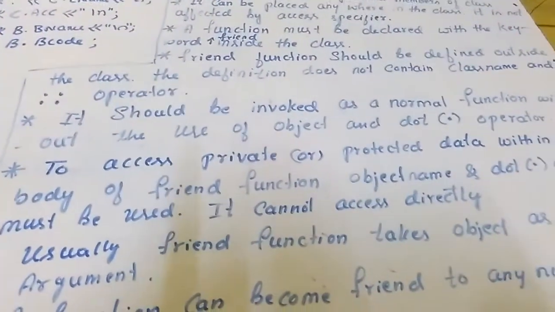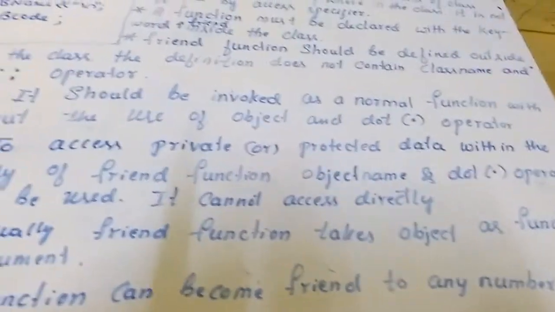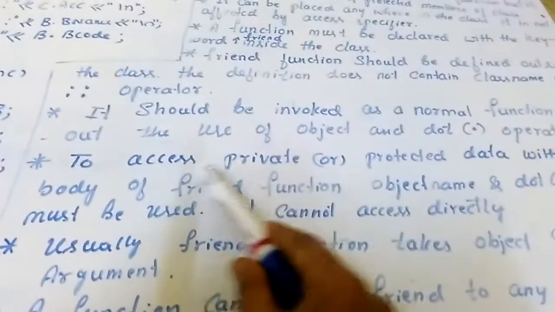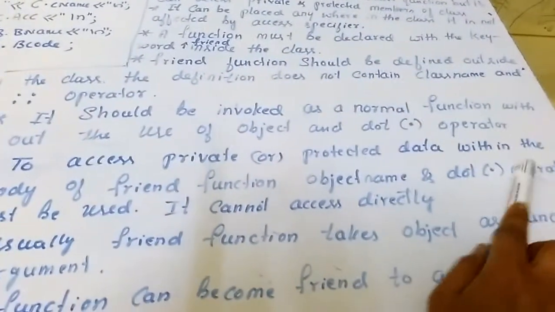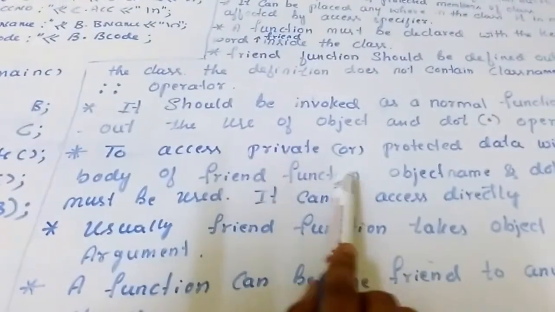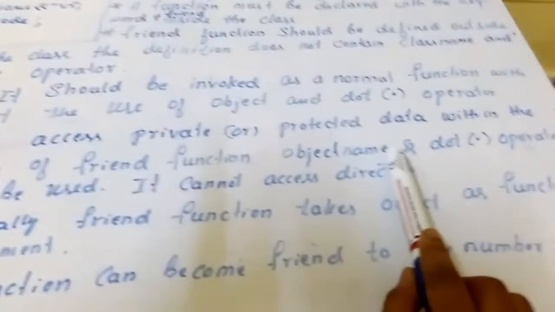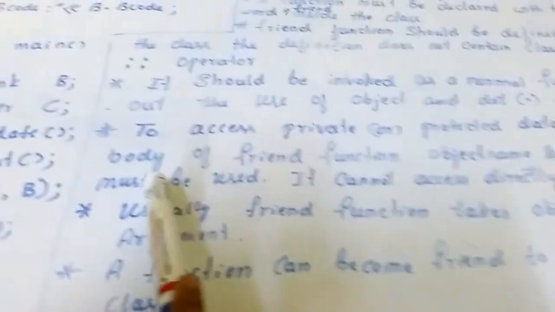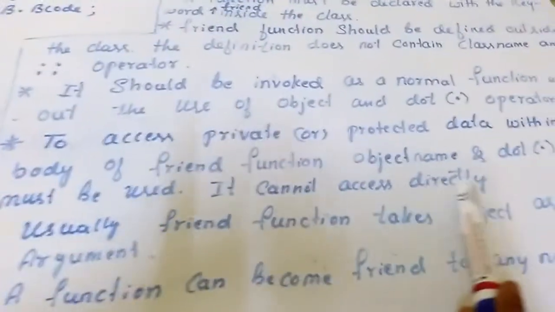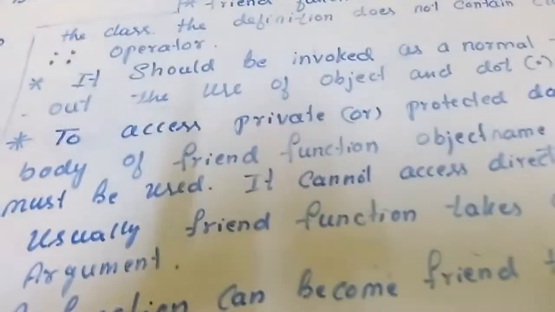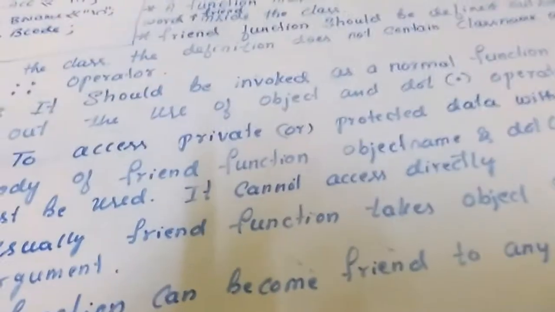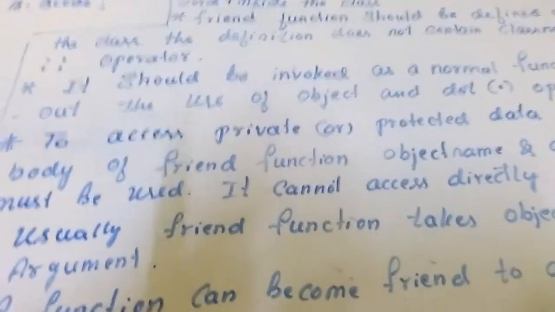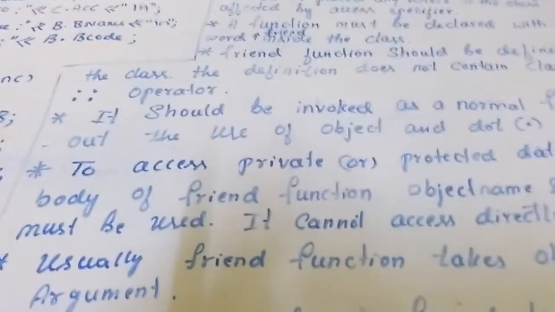Next, to access private or protected data within the body of friend function, object name and dot operator must be used. It cannot be accessed directly. What does it mean? I'll repeat again. In this particular example, I have taken private data. Let us leave protected.